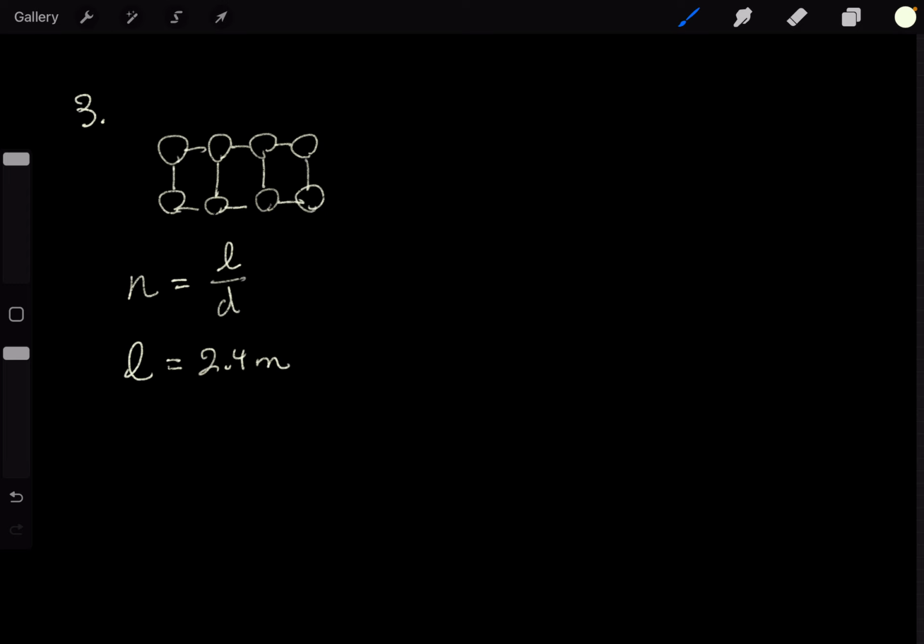Now, they already gave us that value. So that's going to be 2.4 divided by 2.28 times 10 to the negative 10.